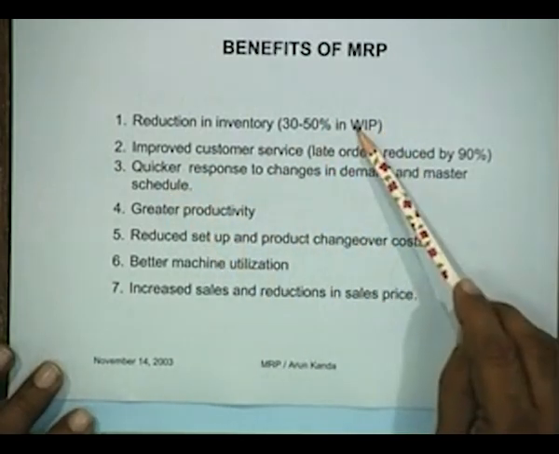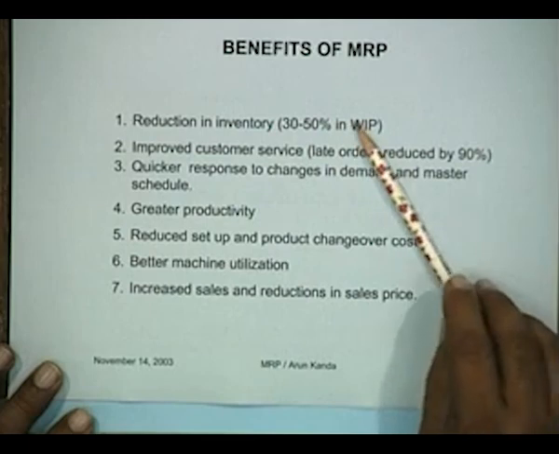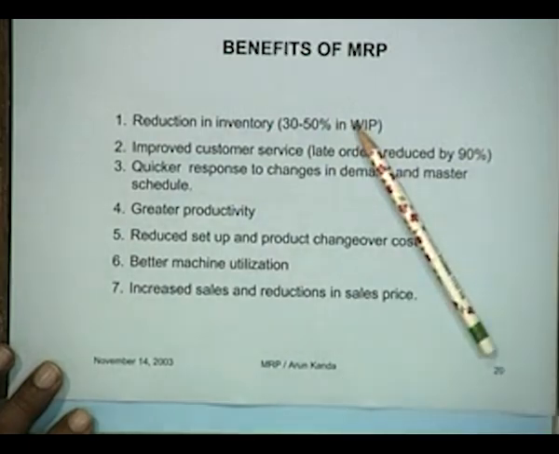I think this is obvious because when you are actually calculating how much you need and you are ordering on that basis, that means you are not ordering unnecessary amounts which you would otherwise have ordered. That is why there is a reduction in inventory.